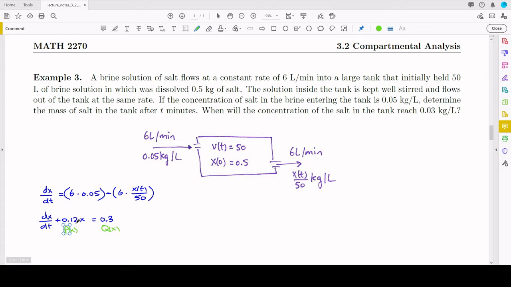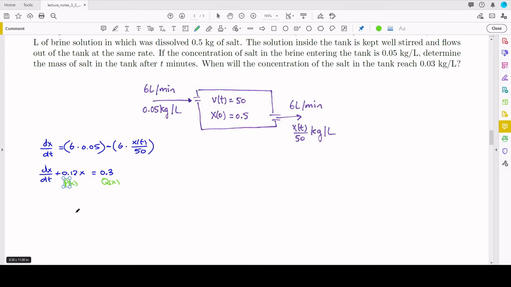Because we're treating this as a linear equation, we're going to do our different steps. Step 1, this is already in standard form. The second step is that mu of t is e to the power antiderivative of p of t, and these should be p of t and q of t, because x is our dependent variable and t is our independent variable.